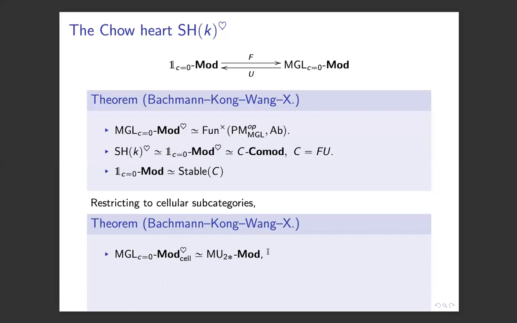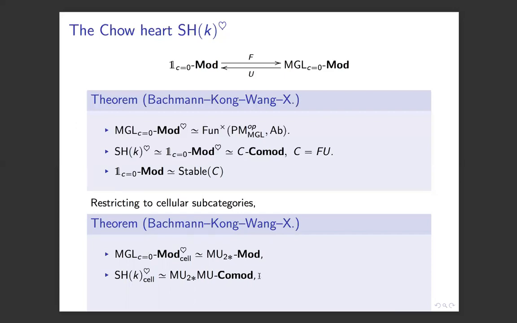Now, actually, the whole category, if we remove the heart, is just going to be the derived category of that. And the whole cellular heart is going to be MU_*MU comodules that are concentrated in even degrees. And here's another interesting observation, which is that this result has nothing to do with the base field.